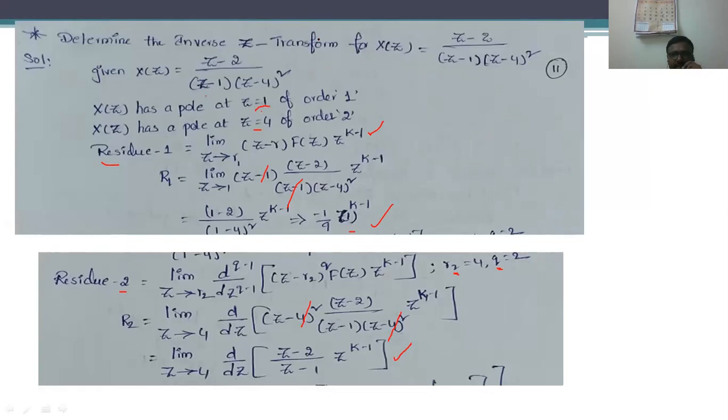Someone has unmuted themselves. I request all the students to mute themselves. Someone has unmuted.